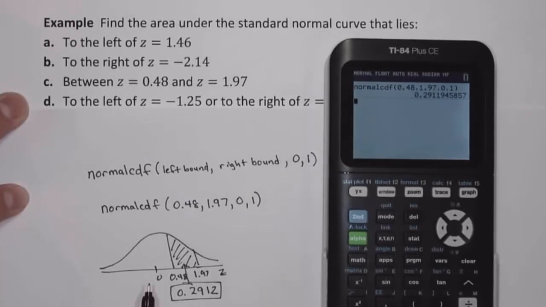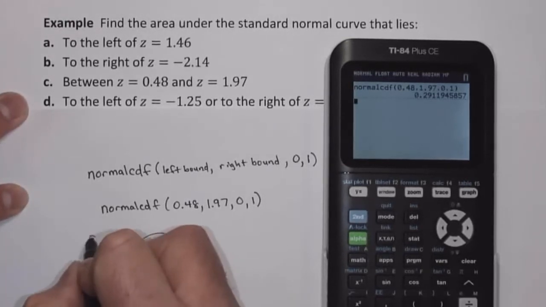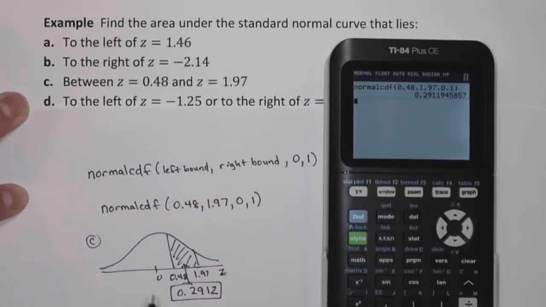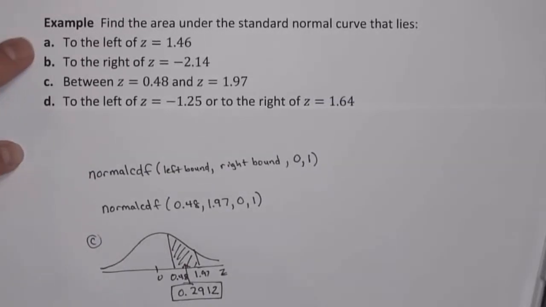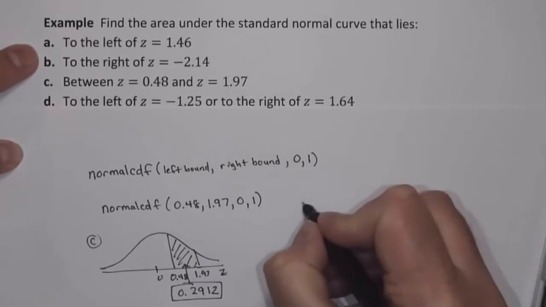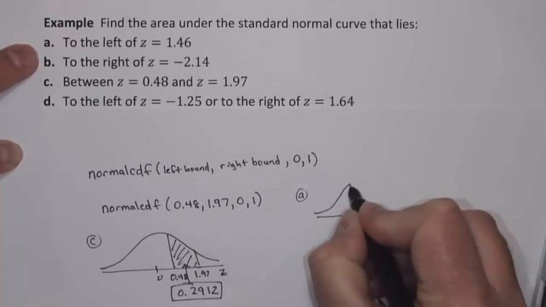Okay? Now I started with C because we literally had a left bound and a right bound. For the other problems, we don't. So if we look at part A again, we're finding the area to the left of 1.46.